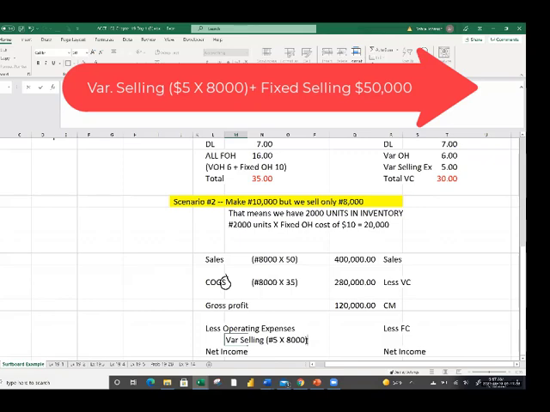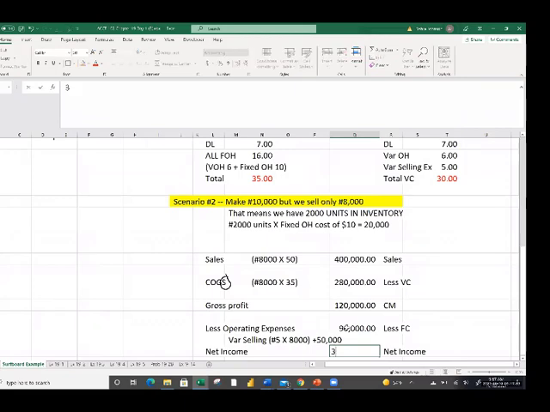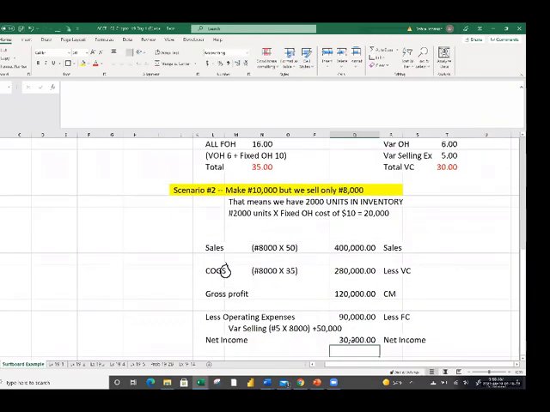It's a fixed amount, like a salary of some sort, no matter how many units are either produced or sold. So that would be the other 50,000. So go ahead and do that. And once you do that and you add those together, you'll get 90,000. And so my net income in this scenario is 30,000.